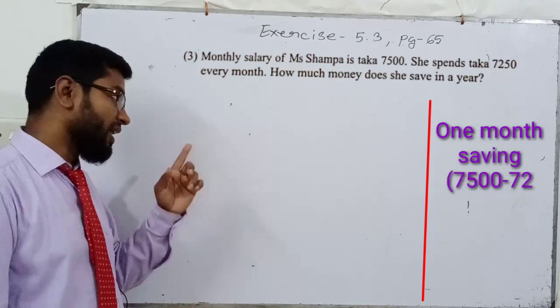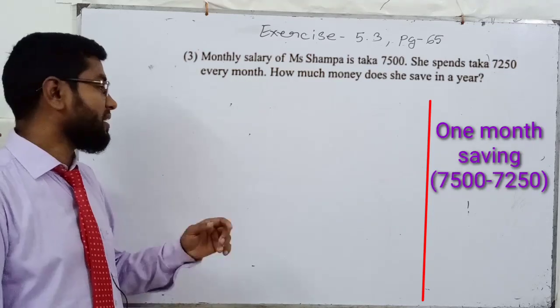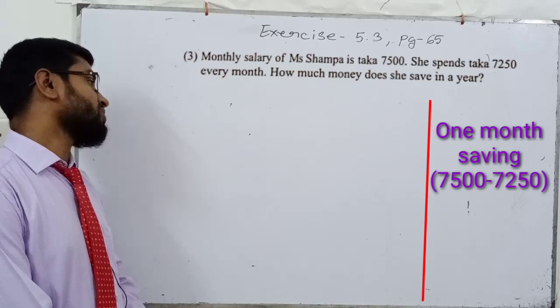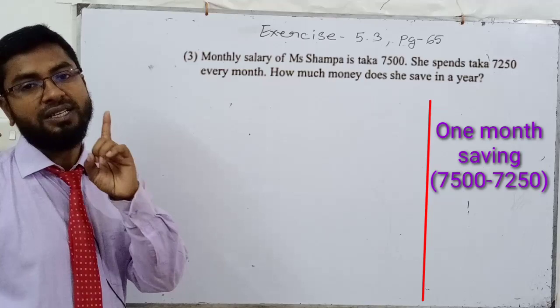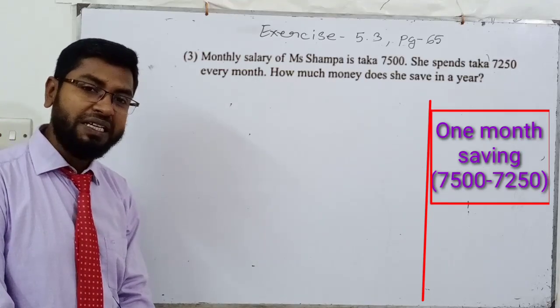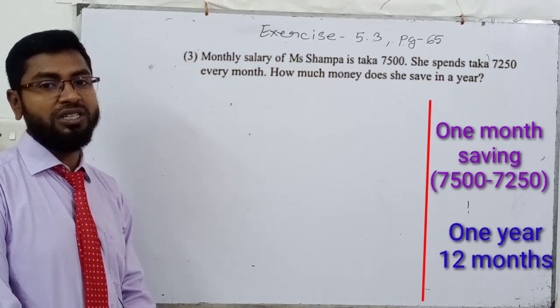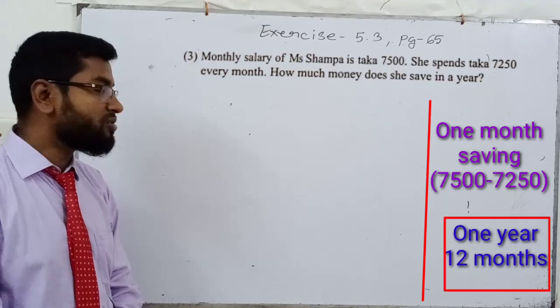So her salary is 7,500 taka, then subtract 7,250 taka. This is the 1 month saving. We need to find out how many months saving in a year. What is the meaning of year? Year means how many month? Yes, 12 month.